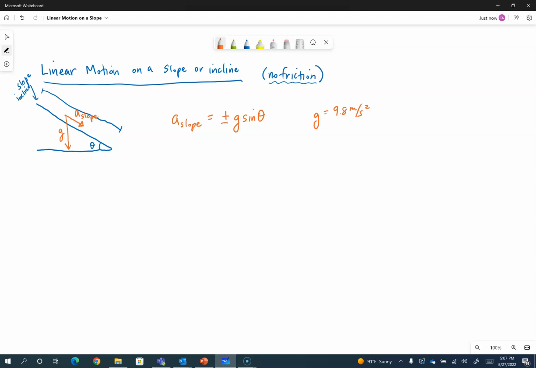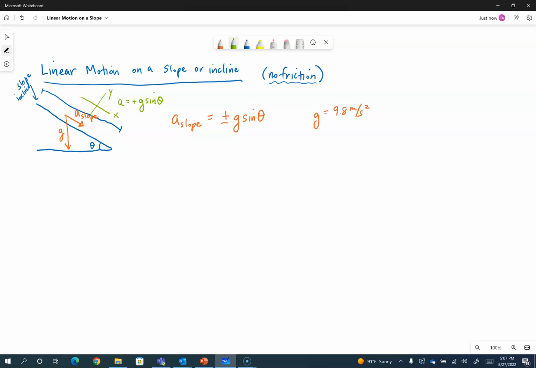If we choose a coordinate system, essentially we're making the line of the slope our x-axis. If we call down the incline the positive x direction, then we would use the positive value for the acceleration on the slope. So in this example of coordinate system, we would choose plus g sine theta.